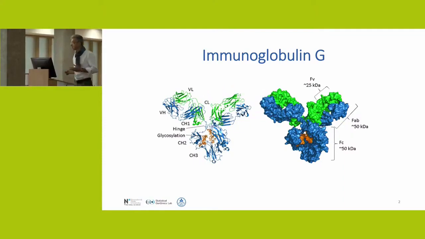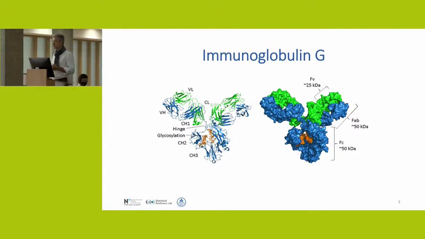The upper domain on this picture is the antigen-binding domain, right? And the lower domain is the crystallizable fragment, which is responsible for such effector function as antibody-dependent cellular cytotoxicity, ADCC for short, and also for complement activation.